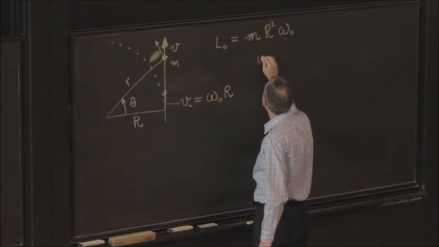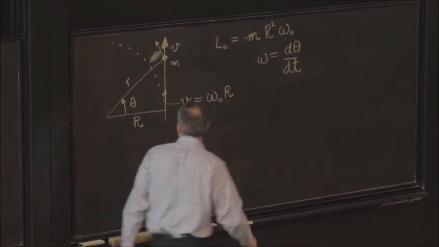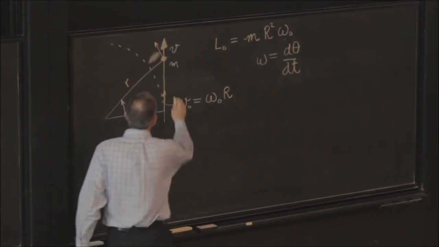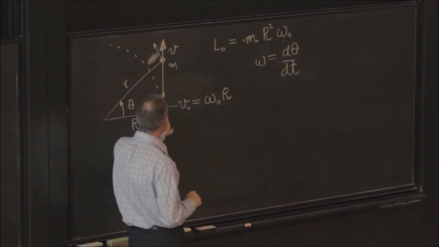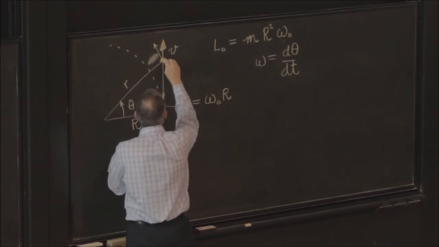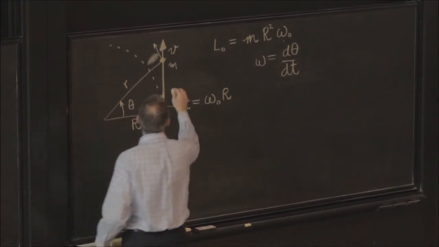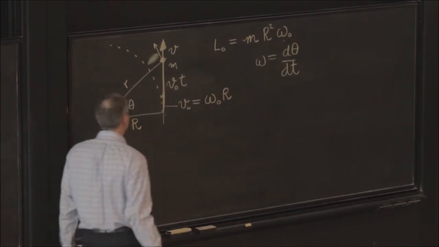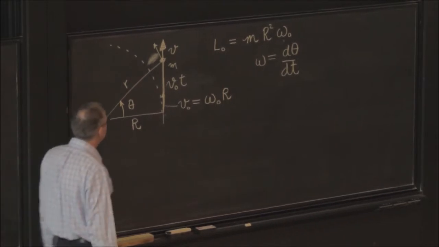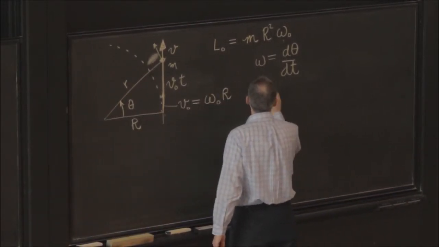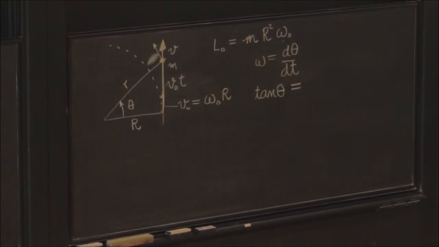So, let's think of it this way. We want to calculate omega, which is d theta dt. If time 0 is here, then this length would be what in terms of time? V naught times t. So the tangent of theta should be what?